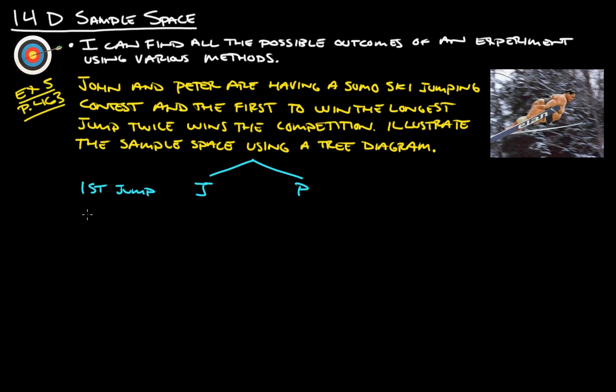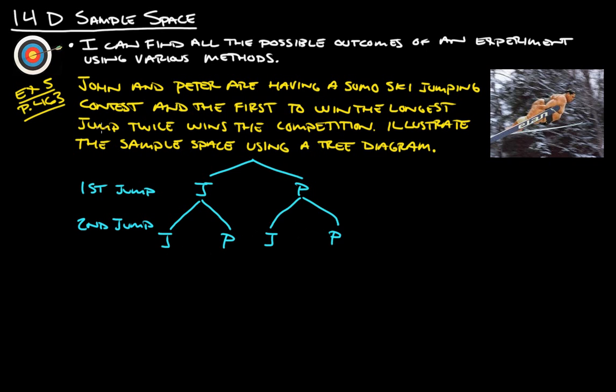Either way, on the second jump, we'll need to keep going. So again, on the second jump, if John wins the first one, either John can win the second one or Peter can win the second one. And if Peter wins the first one, either John can win or Peter can win.